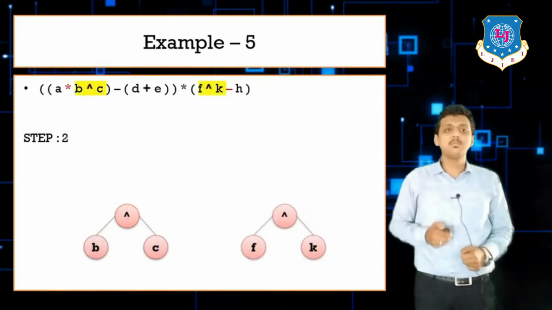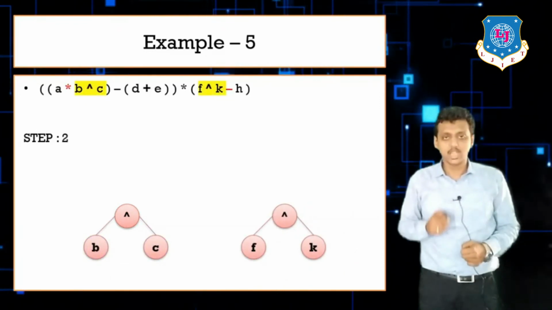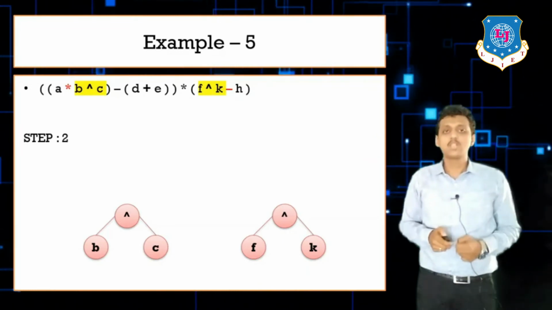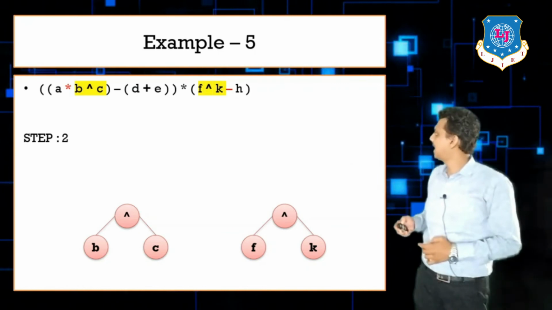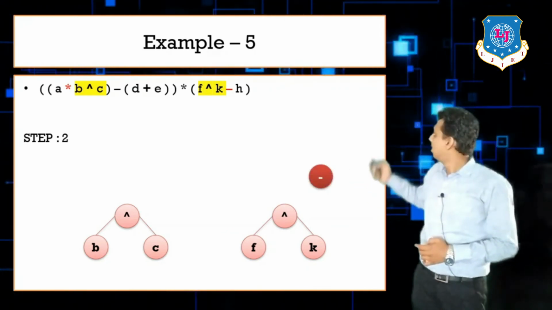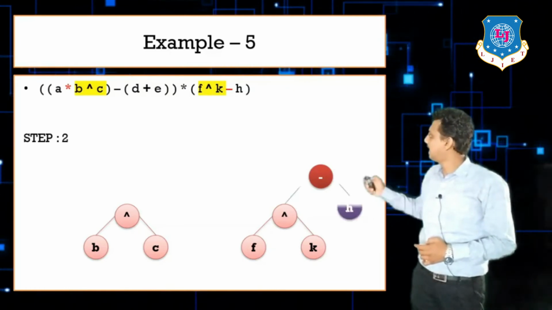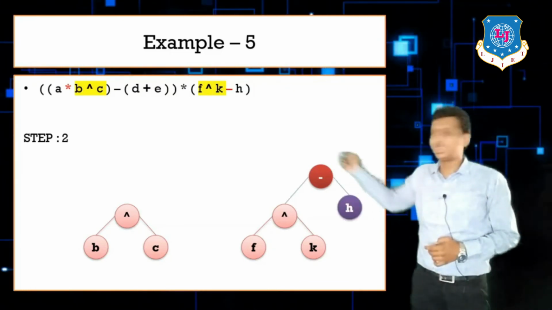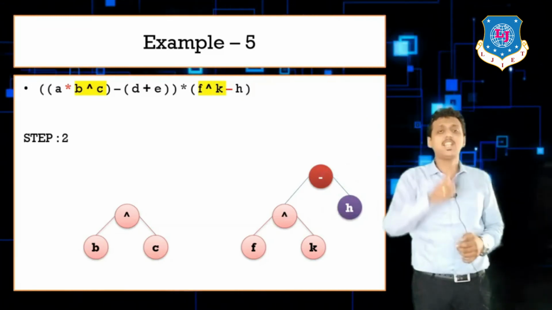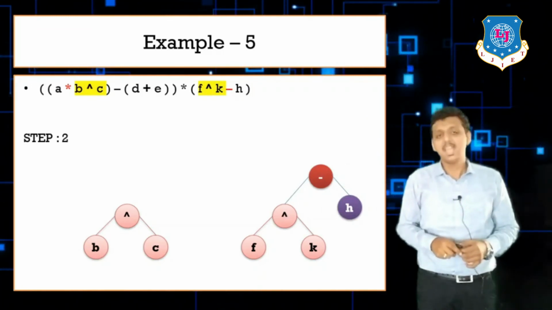On the next terms we have star, and for this we have minus. So first take F caret K minus H. I'm putting down the minus over there. On the left side of the minus I have F caret K, so the left link of the minus is connected with F caret K. On the right side of the minus, students, we have H, so the right link of the minus is connected with H.